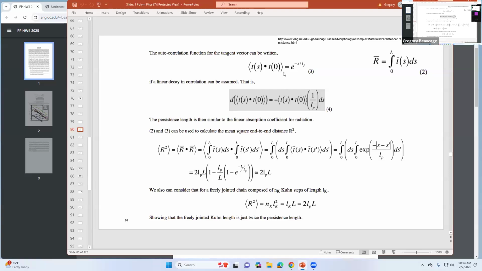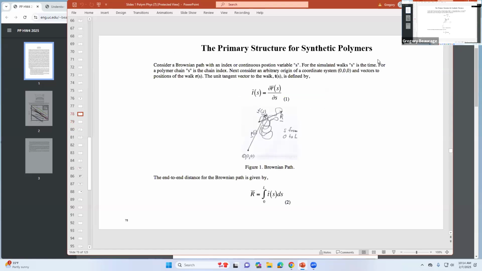That's the first part. The second part is you want to calculate the average of that thing. The average of that thing should give you 0. Like if you look at enough chains, that should give you 0. The integral of that tangent ds gives you the length, the distance between the ends of the chain.